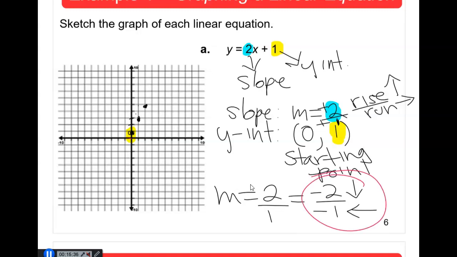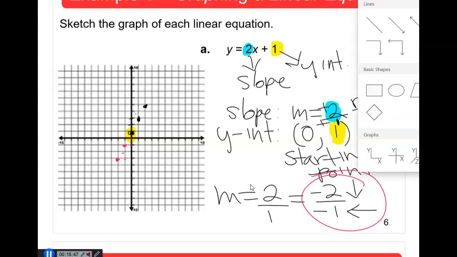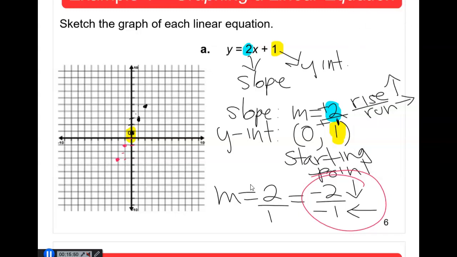So 2 units down, 1, 2, and 1 to the left. I can do that again, 2 down and 1 to the left. And as you can see, we're going to get the exact same line, meaning all of our points will be on the line.